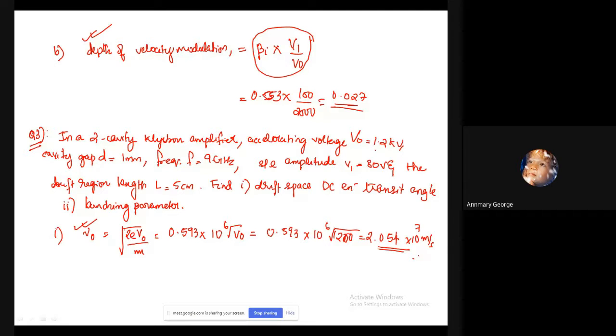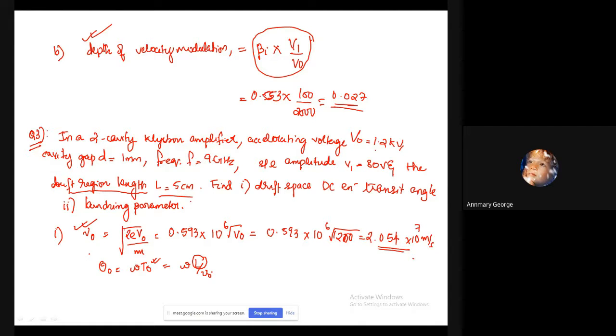Next, we have to find out the transit angle. In this question, we will find out the transit angle in another way. We can write transit angle theta 0 as omega t0, and t0 as L by V0, because L is the drift region length.